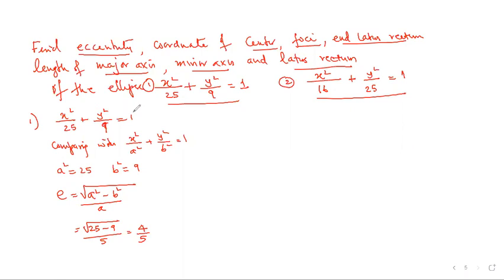So we calculated all the parameters: a is 5, b is 3, and e is 4 by 5. Do you notice that nowhere am I putting a negative sign? a square is 25, but I did not write a as plus or minus 5 because a and b are always positive numbers.